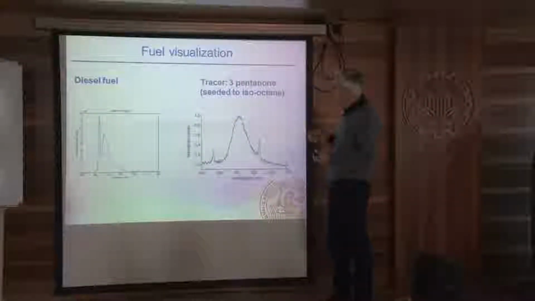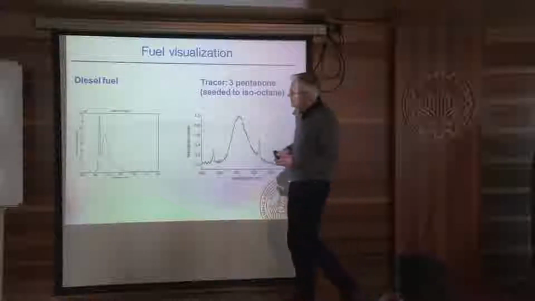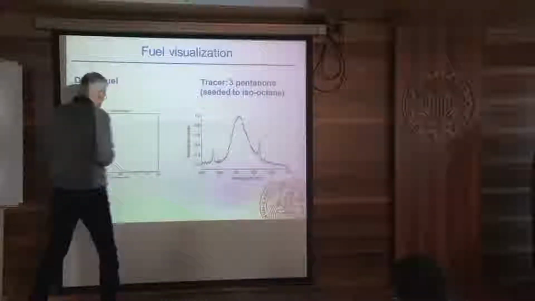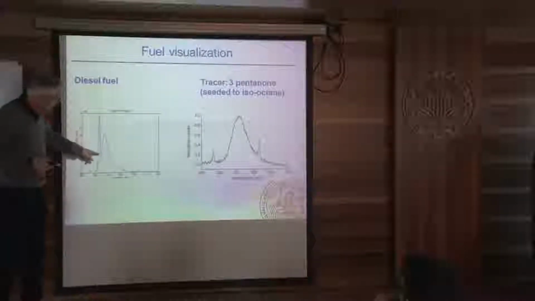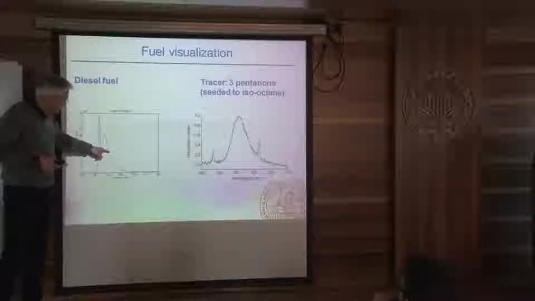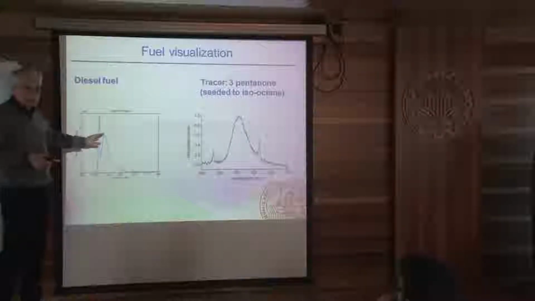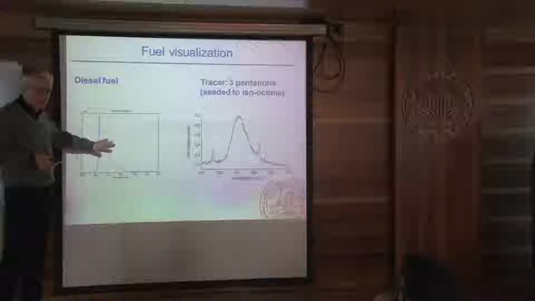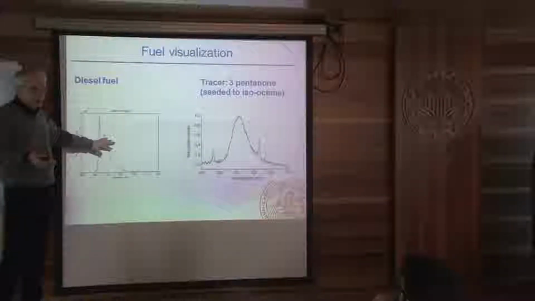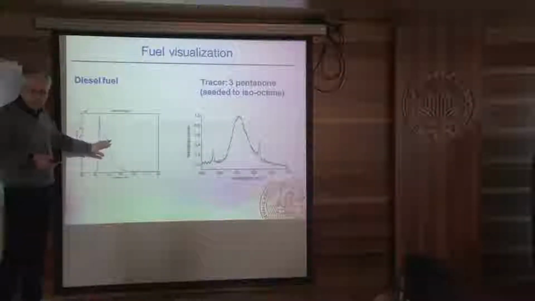Just to show you, here is diesel. We excite at 266 nanometers, and here we got the fluorescence. I have no idea what this is. This is just the fluorescence from the diesel we happen to have. If you have diesel here or in China or wherever, this might look different. But it's a huge signal.